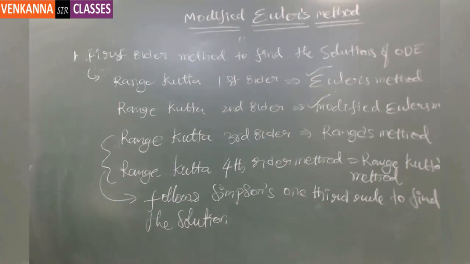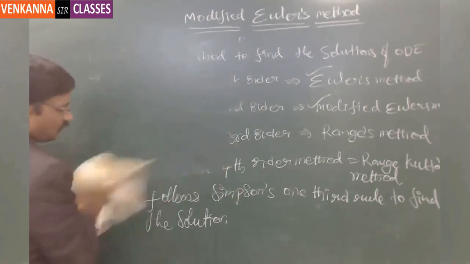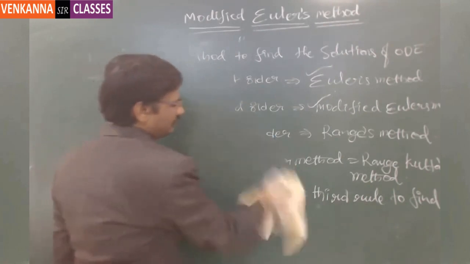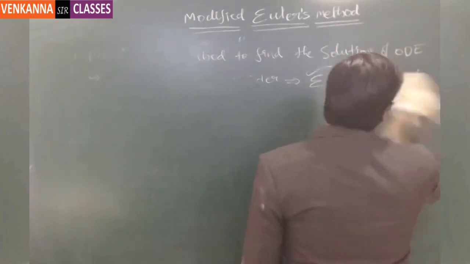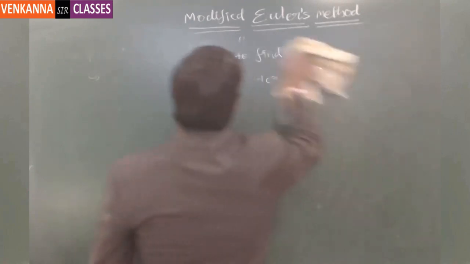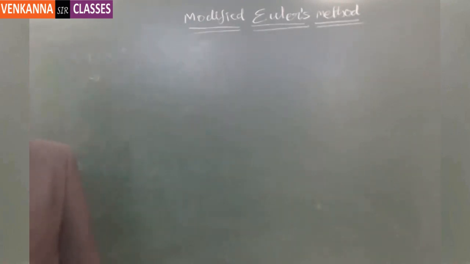So how we are using Simpson's one-third rule in finding the solutions is, in the ordinary differential equation, the way we solve is we make use of integration so that you can find the solution between x and y.